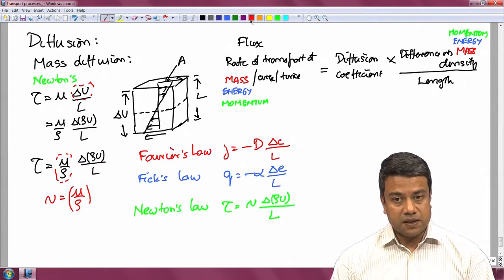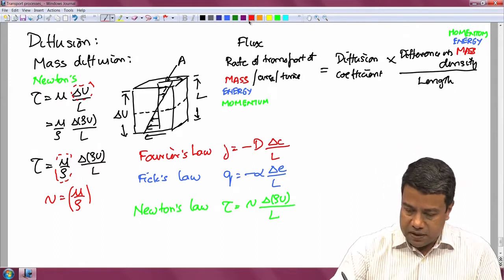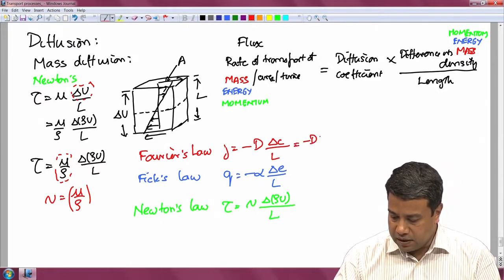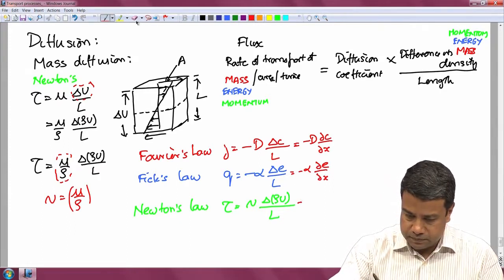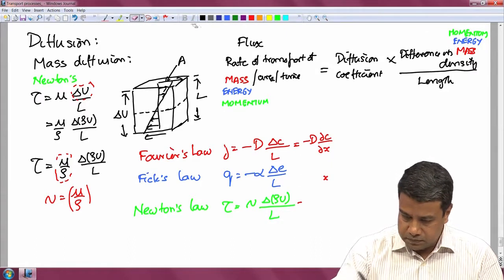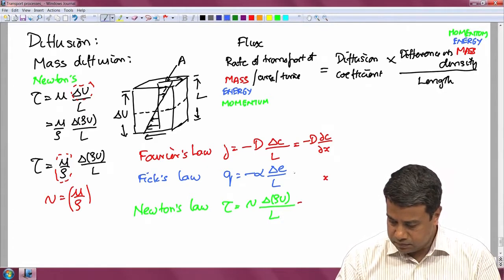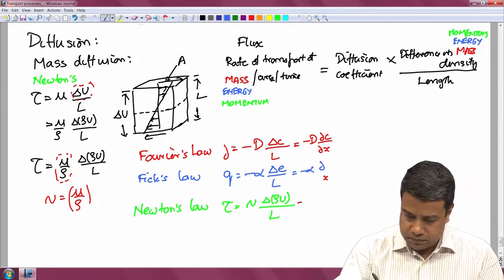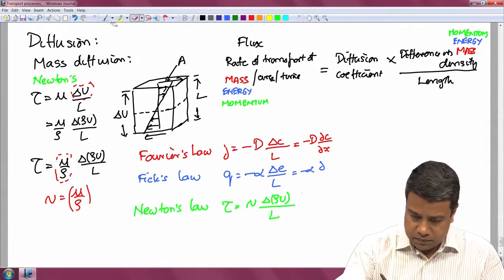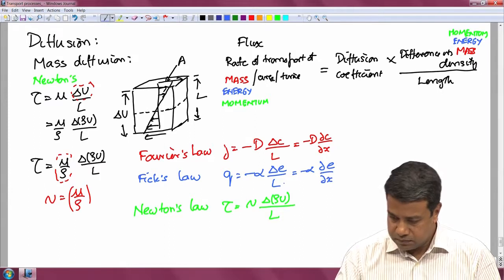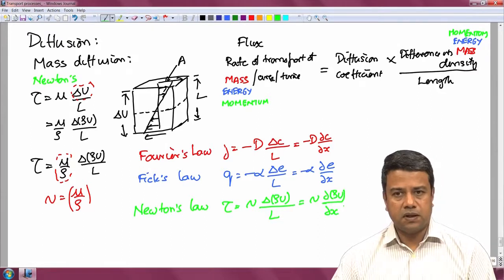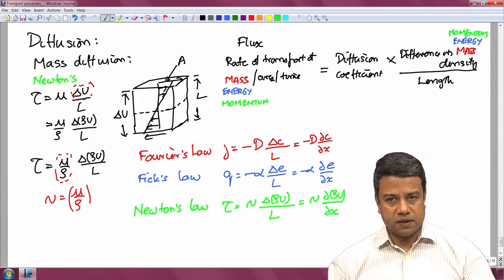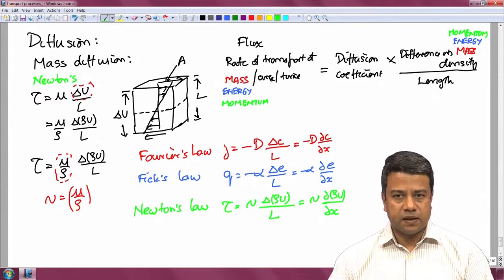You can also apply this locally at each location within the fluid, in which case you would use the differential form minus D partial c by partial x, where x is the direction perpendicular to the surface across which the transport is taking place.